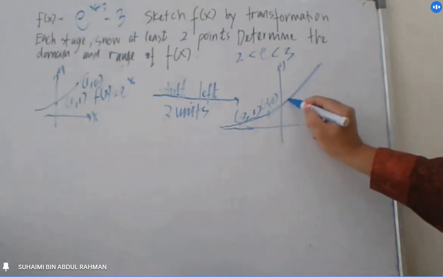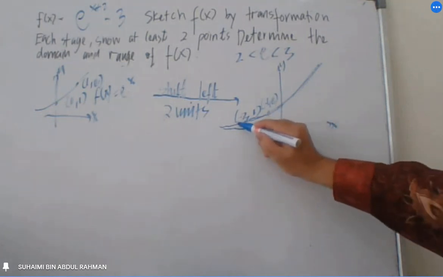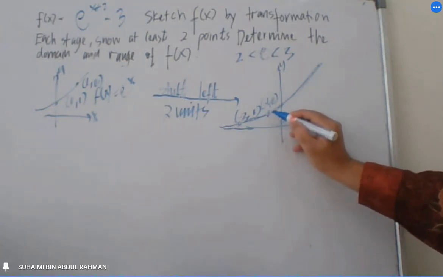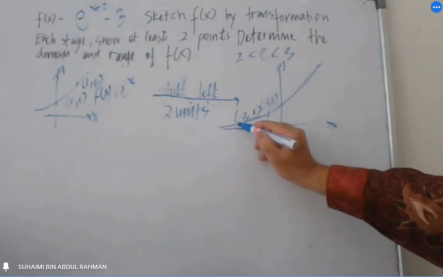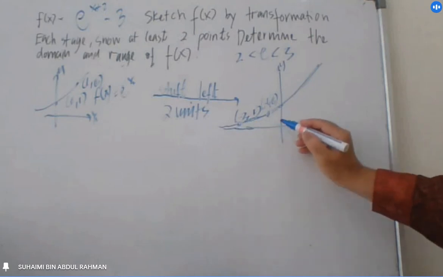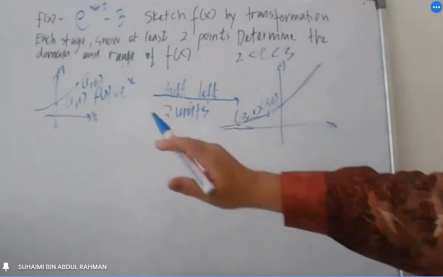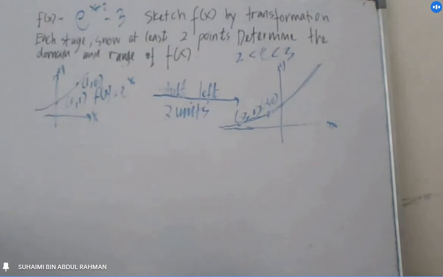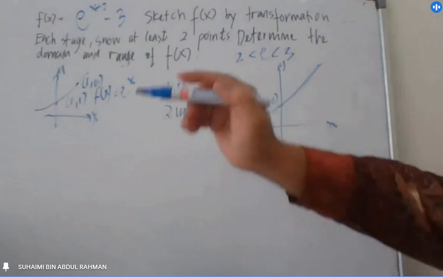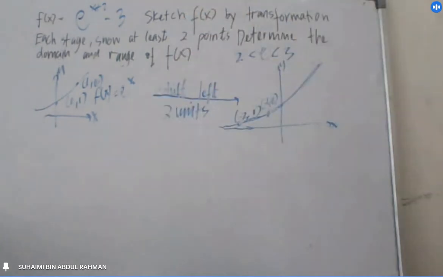So definitely the crossing of the y axis is no more at (0, 1). But it does not matter. We are not interested in finding the crossing of the y axis. We want to find where those two points go.